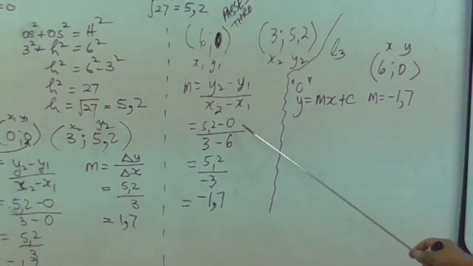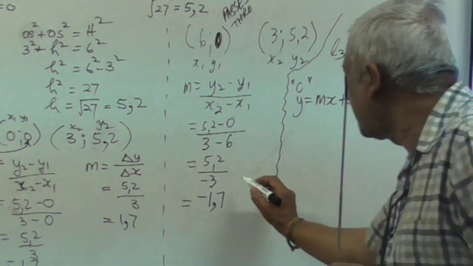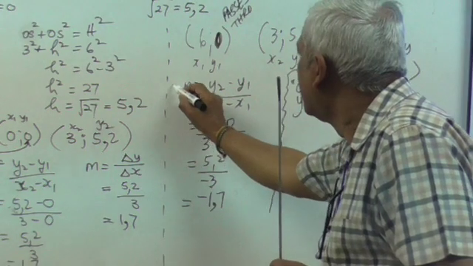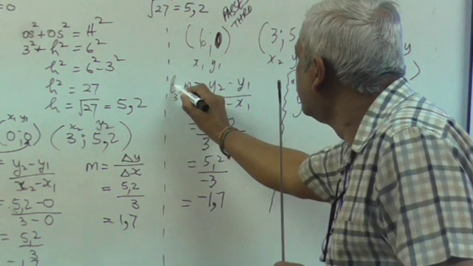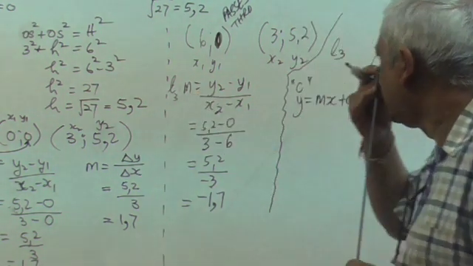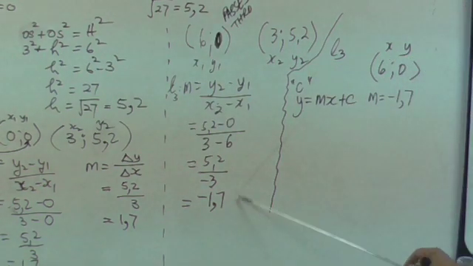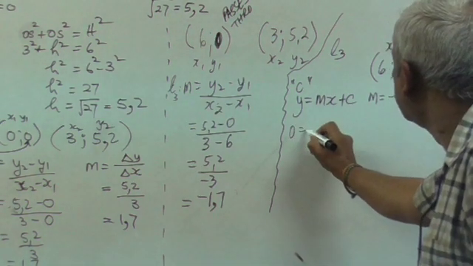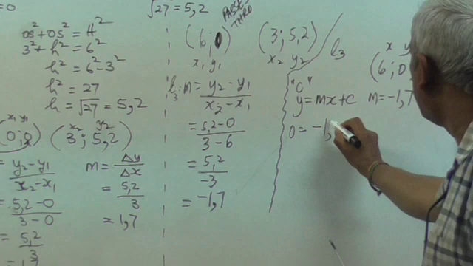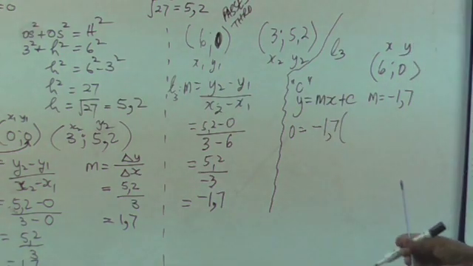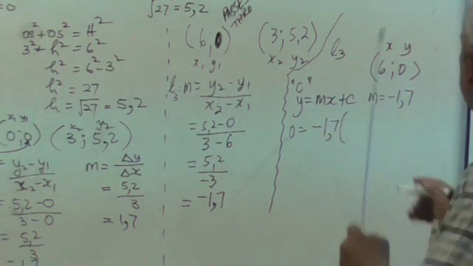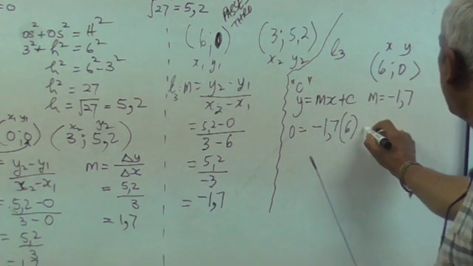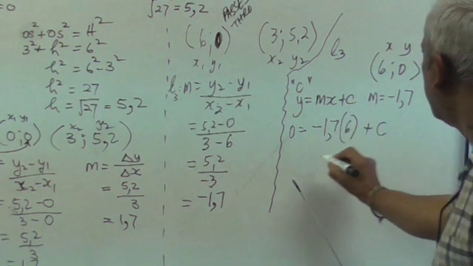We found the gradient of line 3, which is -1.7, and it goes through there. So we substitute y is 0, m is -1.7, and x is 6, plus c.